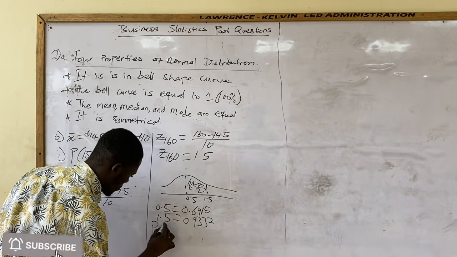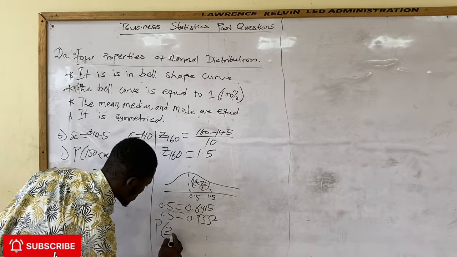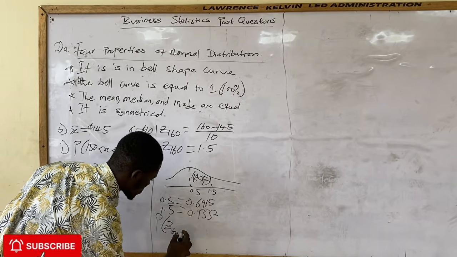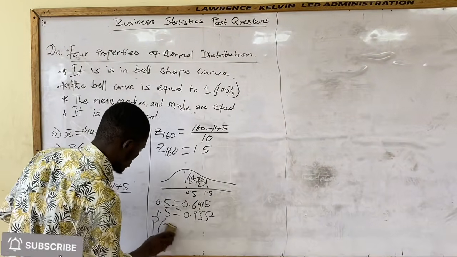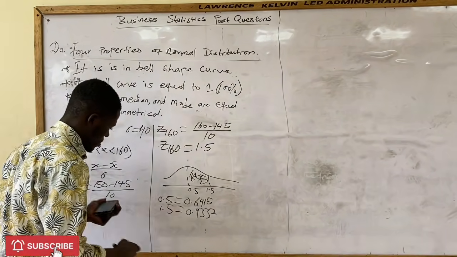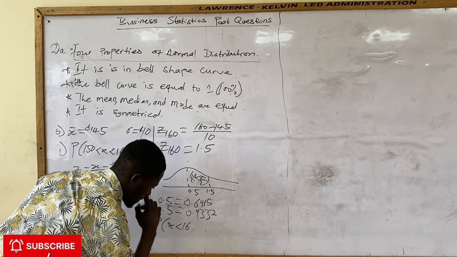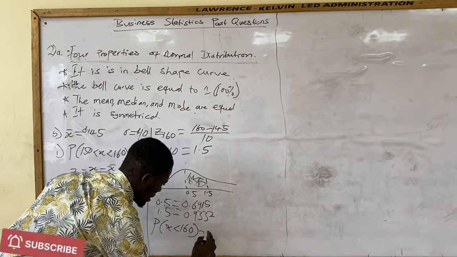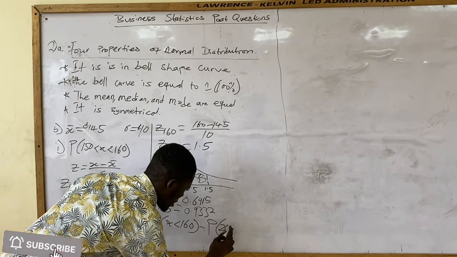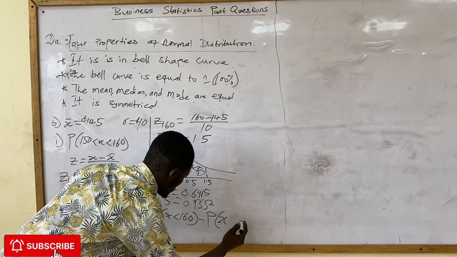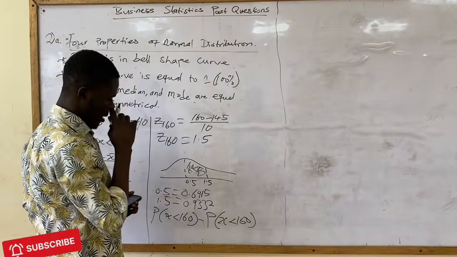So probability of X less than 160 minus probability of X less than 150. Okay, in this form.